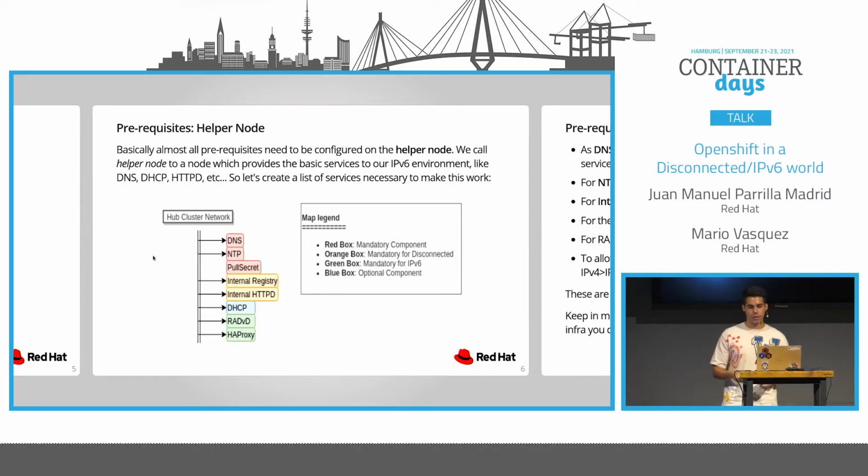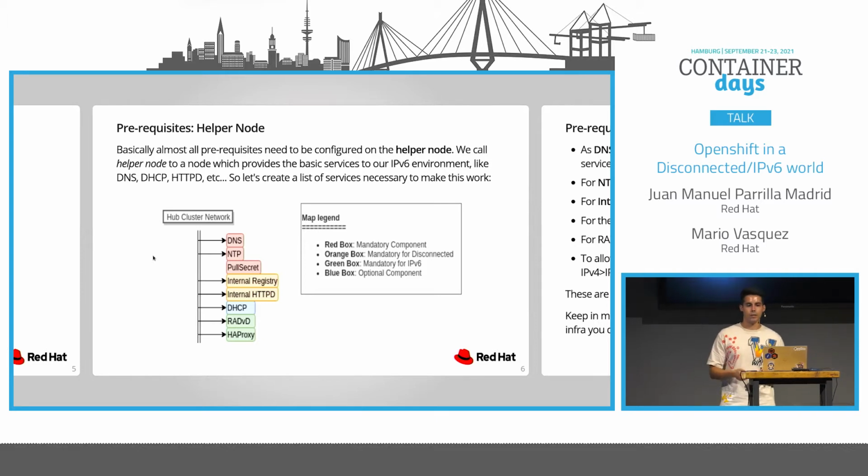It's a file with some credentials that you need to pull the images required for an installation. Then, if we want to run a disconnected deployment, we need some place where we will store those container images. We usually call that the internal registry. That's just a container registry that you run on your infrastructure.